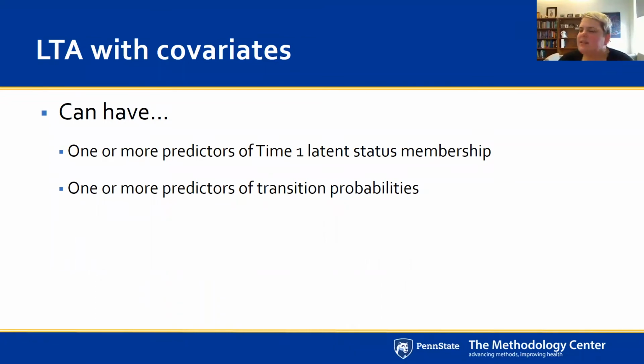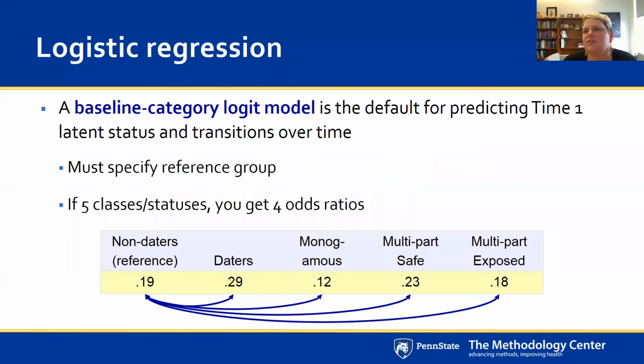The basis for these types of models, probably unsurprisingly, is regression. So just like in any other regression model, you can have multiple covariates. You can have all different kinds of covariates. Some of them can be categorical, some can be continuous, they could be count variables. So you can have 1 or more predictors of time 1 latent status membership, and then you can also have 1 or more predictors of those transitions over time.